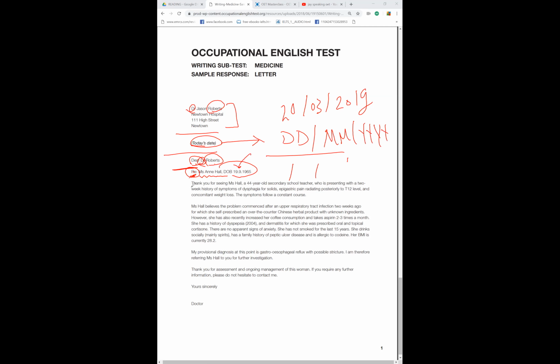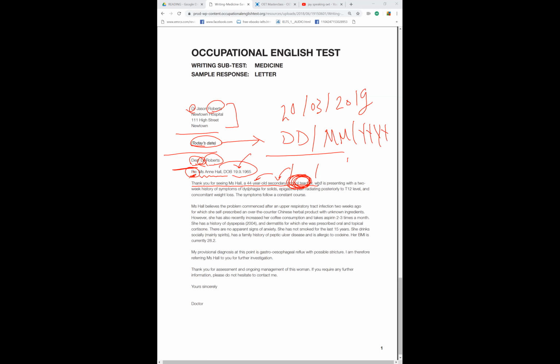Thank you for seeing Mrs. Hall, a 45-year-old. You will write all this like this, in the same format: patient age, name. You can write the occupation, student, widow, whatever, and write two commas.